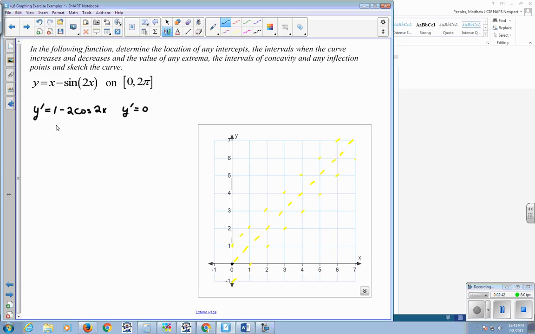Setting y prime equal to 0, 1 minus 2 cosine of 2x is equal to 0 wherever cosine of 2x itself would be equal to 1/2. Now remember that because this is a multiple angle kind of problem, we're going to have to use our solutions for cosine of 2x equals 1/2 as follows.